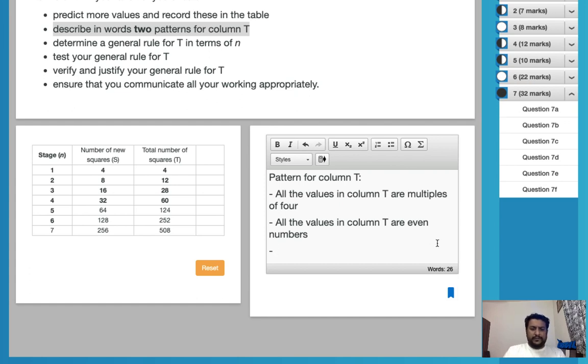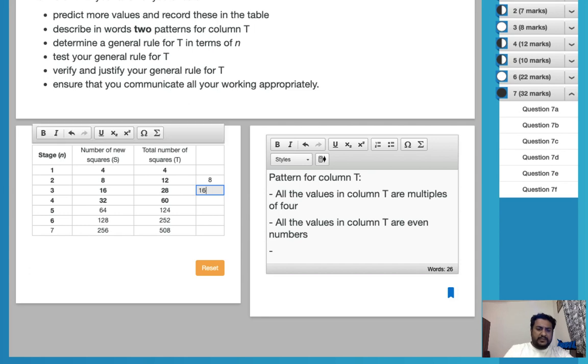Is there any other thing you can think of? From here to here, the increase is of 8. Sorry, from 12 to 28, the increase is of 16. Now this increases by 32. This increases by 64.